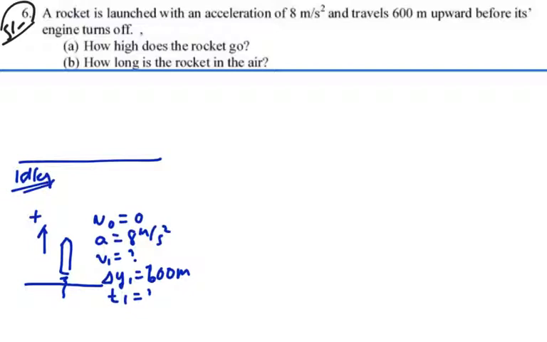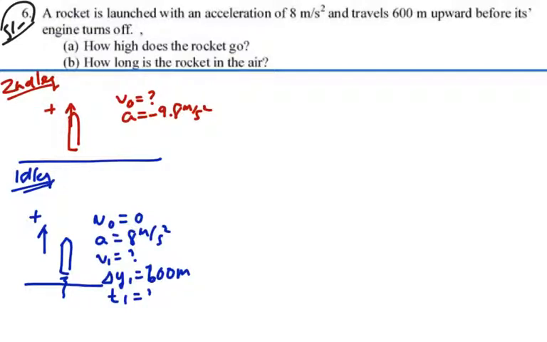And then in the second leg, we're going to go against gravity. The engine shuts off. We're going to start off with some initial velocity, which we don't know, but it will be equal to the final velocity from the first leg. We're going to have the acceleration of gravity working against us, negative 9.8 meters per second squared, because we're going with a positive velocity in an upward direction and gravity's in the opposite direction.